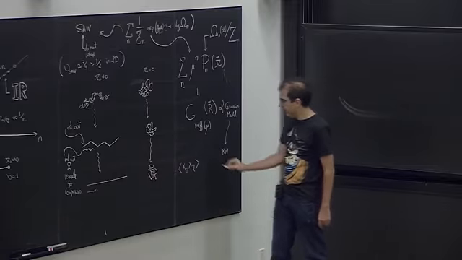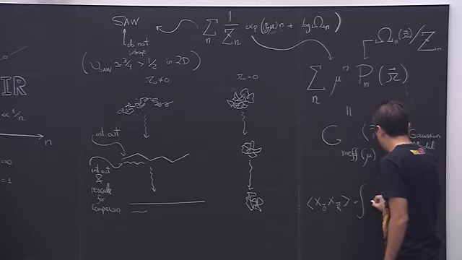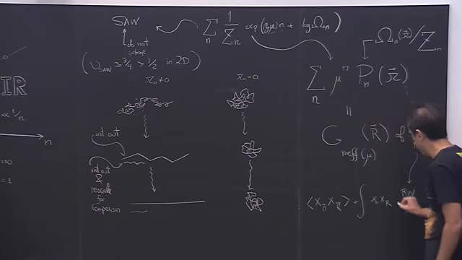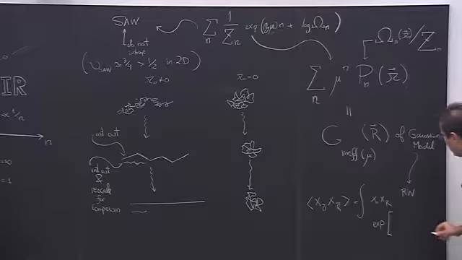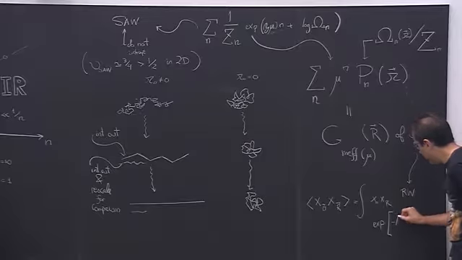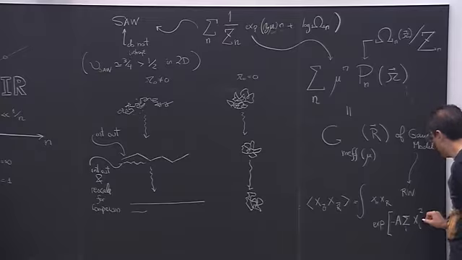Right? And this is the integral of x0, xr, and then the exponential of an action that I'm going to write like this: minus a sum over all sites of my lattice, xi squared, minus b sum over neighbors of my lattice, i and j, xi xj.